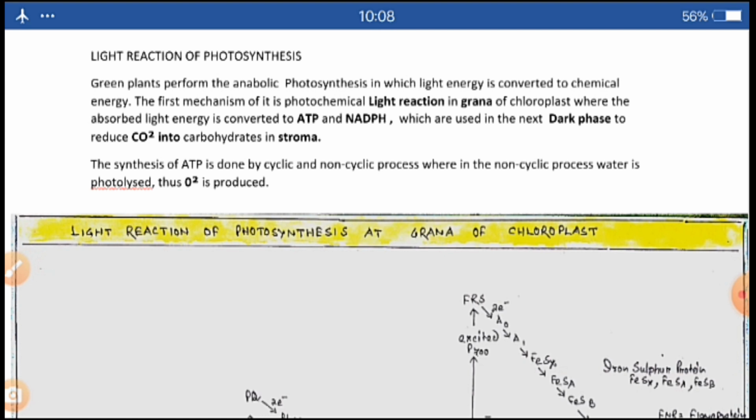Okay, that is, the light reaction of photosynthesis is performed in the grana of chloroplast to synthesize ATP, NADPH and O2, and the dark phases are performed in the stroma of chloroplast to reduce CO2 into carbohydrates. So let us discuss the light reaction of photosynthesis with the help of the Z scheme.